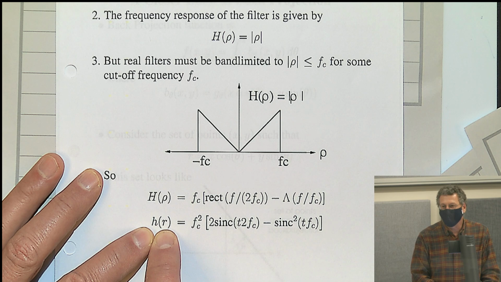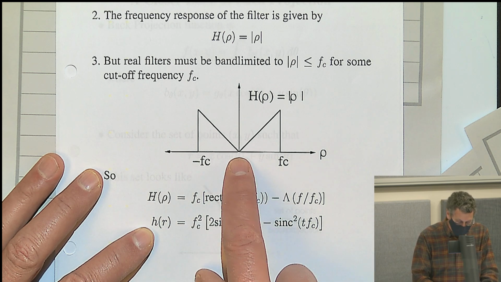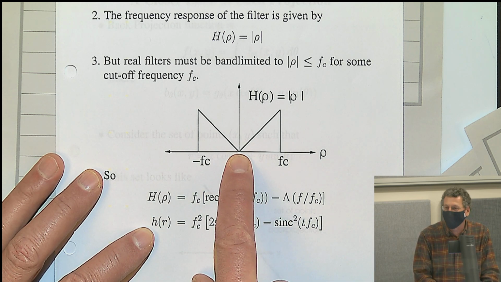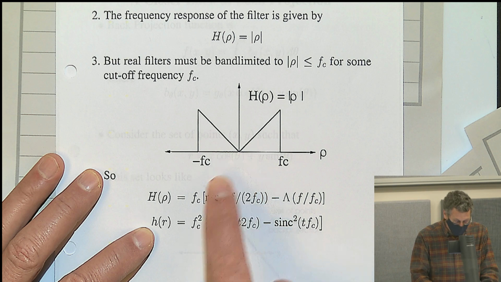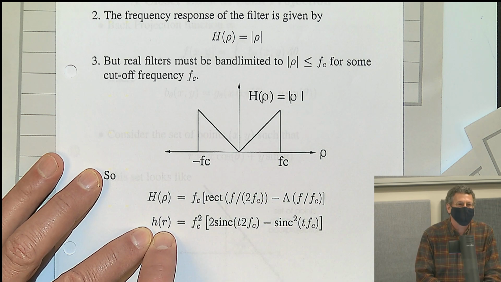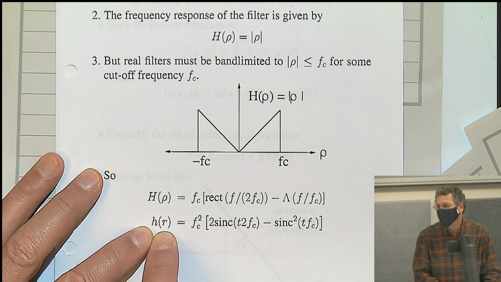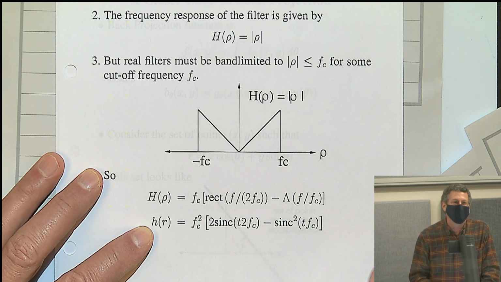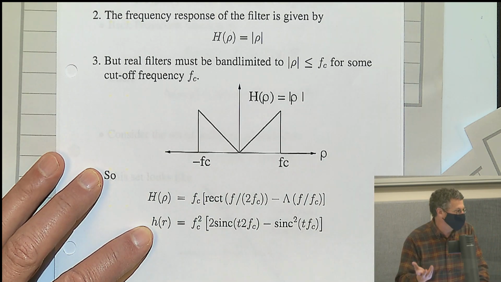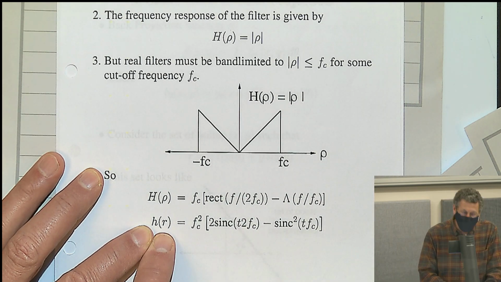What's the DC component? 0. Why? Because this is equal to 0, right? So what's the area under the curve for this function h? 0. My questions are so easy. You can actually answer them without really understanding the answer because you just say 0. Okay, so that's it, right?